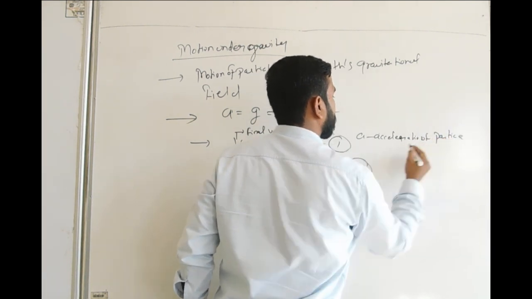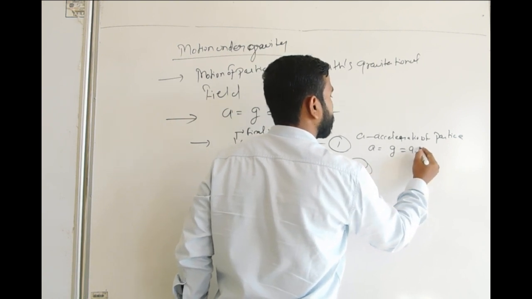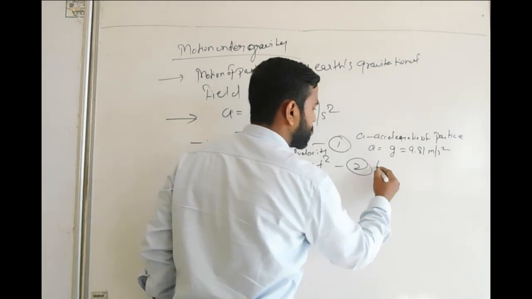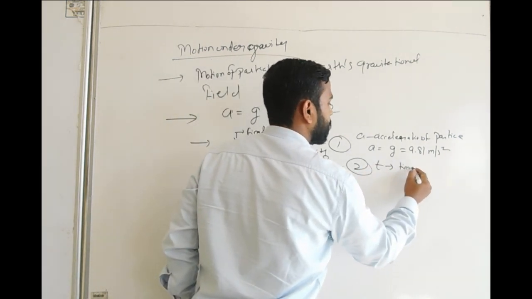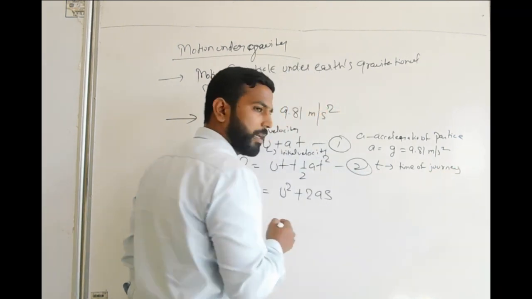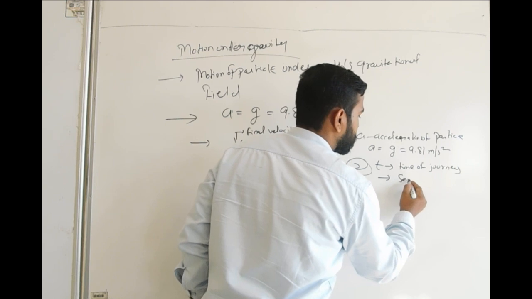In this case, our acceleration value is simply g. It is equal to 9.81 meter per second square, where t is the time of journey, and its SI unit is second.